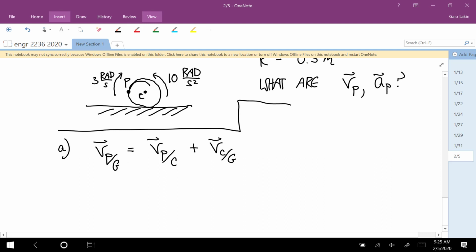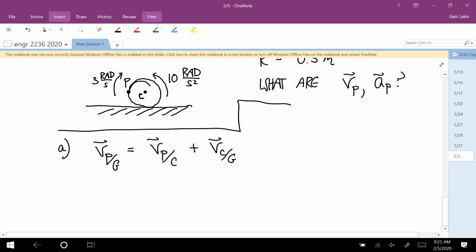Yeah, right. So if this was just like the Ferris wheel and it wasn't touching the ground, and the center was at rest, then it would just be a circular motion problem to calculate the velocity and acceleration of that point. But as this thing's rotating, the center has a velocity and acceleration that we can get from the rolling without slipping equations.